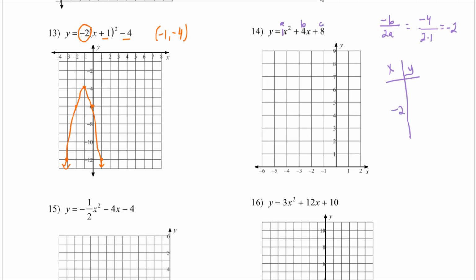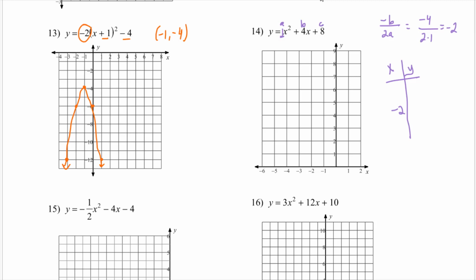Just like with vertex form, you have 2 options. You can make a table of values, or you can use our transformation idea, because this 1 in front means that it opens up because it's a positive 1, and there's not a vertical stretch or compression because it's the number 1. If it's a number bigger than 1, it stretches. If it's a number smaller than 1, it compresses or shrinks.